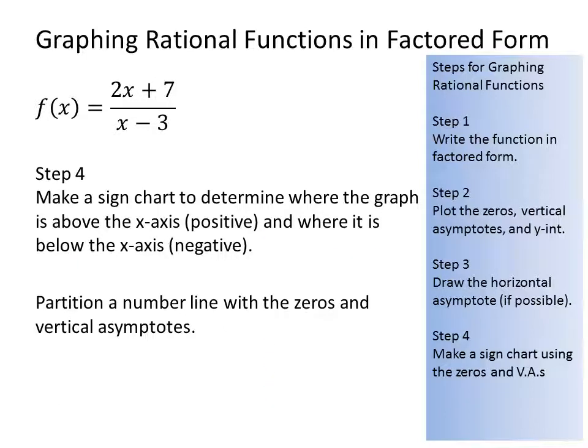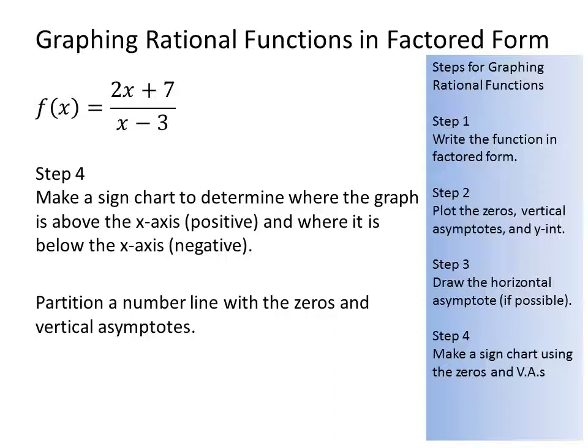The next step is to determine where this function is positive and where this function is negative. So here is a fact. A rational function can only change signs, that is, it can only go from positive to negative or from negative to positive, either at a 0, where it crosses the x-axis, or at a vertical asymptote.